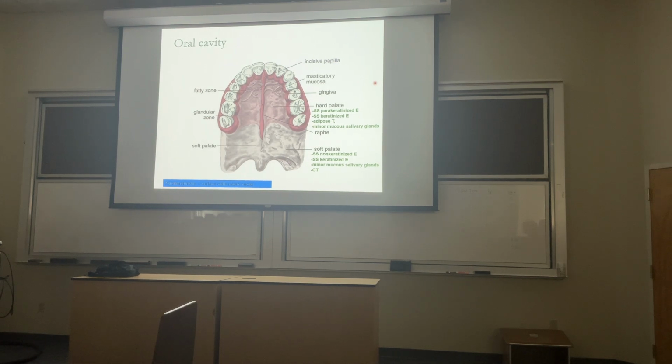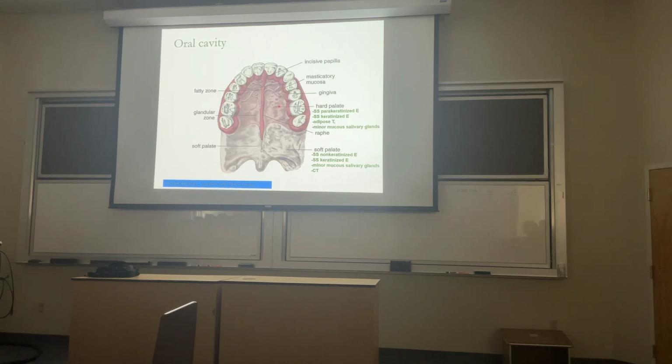When we look inside the mouth, of course we have the teeth. We also have the roof of the mouth, which is the palate. The anterior 2/3, approximately, of the palate is called the hard palate. We can touch that with our tongue on the roof of our mouth. That's the hard palate. It really has very little flexibility.